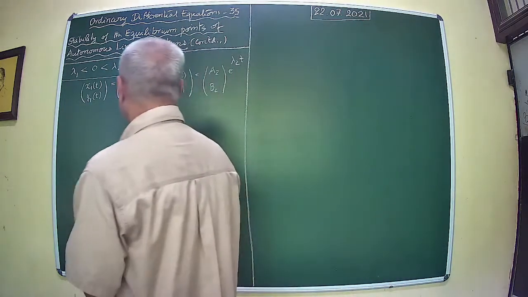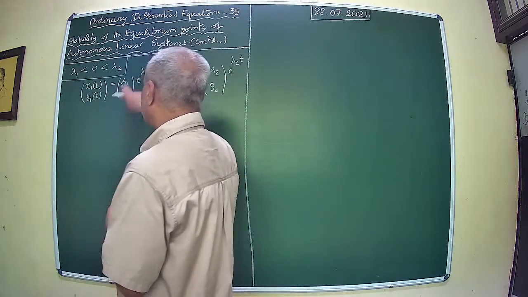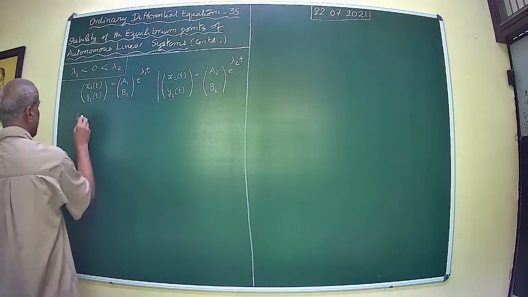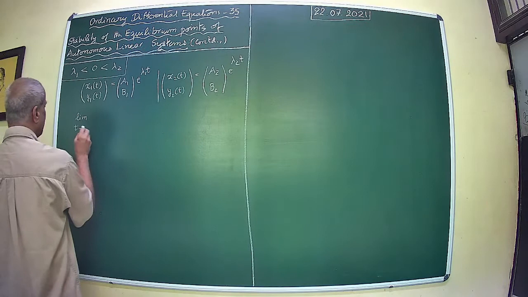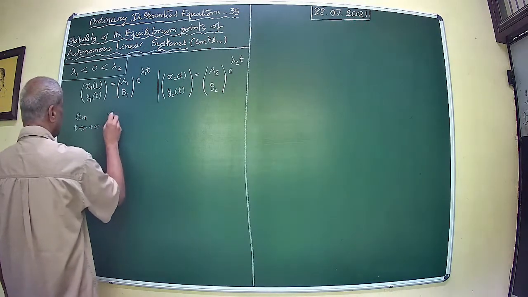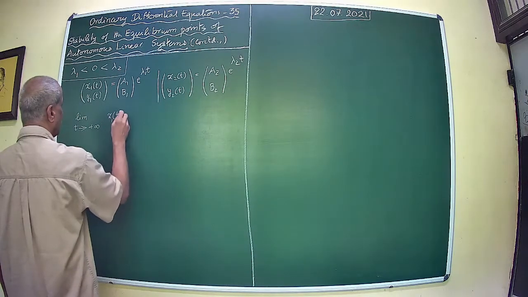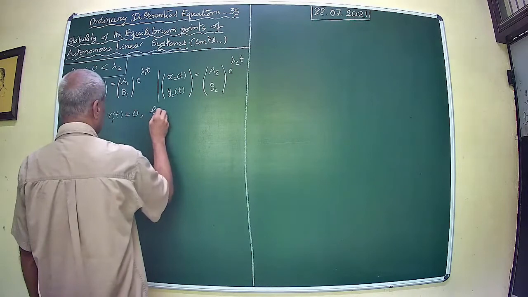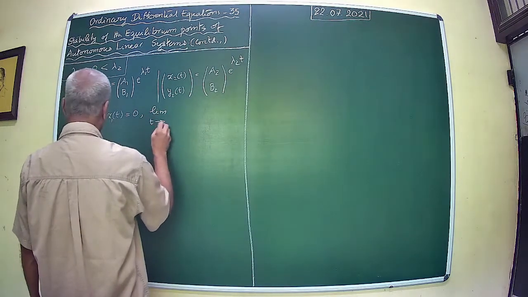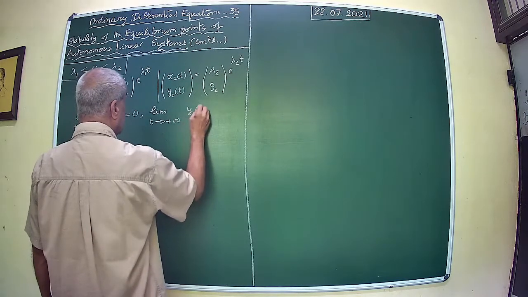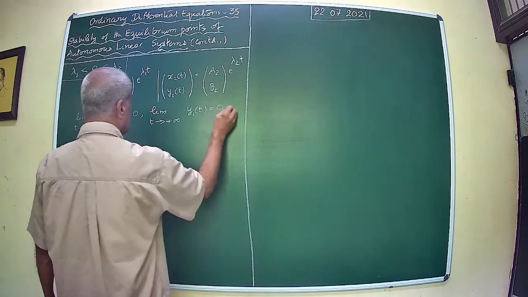Now, you see that since lambda 1 is negative, the limit as t tends to plus infinity of x1(t) is 0, and the limit as t tends to plus infinity of y1(t) is also equal to 0.